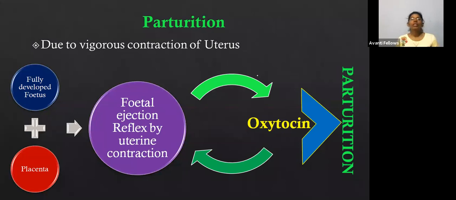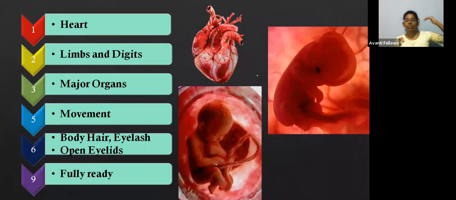Okay. So now what happens from day one, everything will get developed, Darshini. At the end, there is one GIF which I like a lot, that I'll show you at the end of the class. See, from day 1 to the 9th month, or 280 days, there is a period where the baby is going to be developed, right?